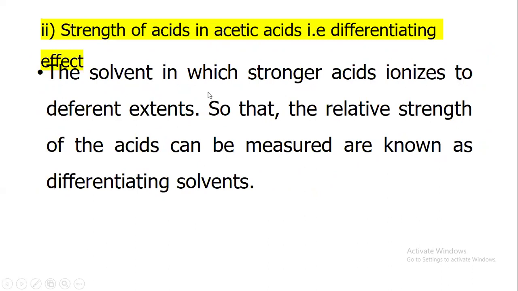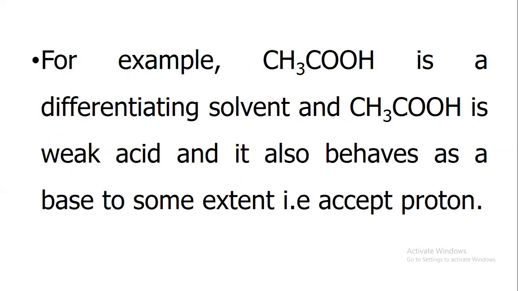Strength of acid in acetic acid: the differentiating effect. The solvents in which strong acids ionize to different extents, so that the relative strength of acids can be measured, are known as differentiating solvents. For example, acetic acid is a differentiating solvent.